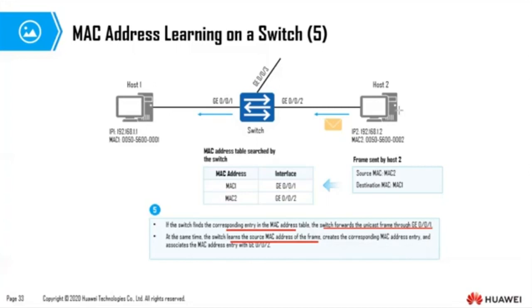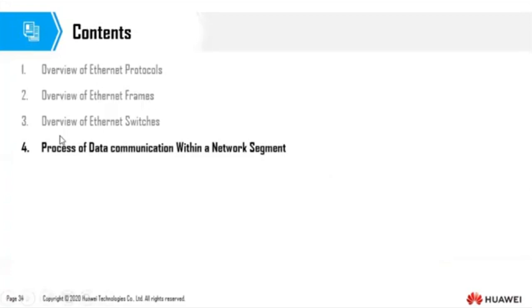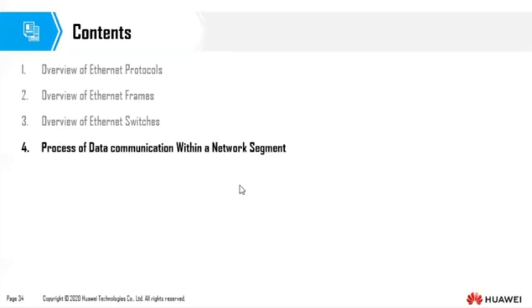Is that clear? Okay, so that is how the switch operates in order to learn MAC addresses and to forward unicast frames to the individuals rather than to everyone.